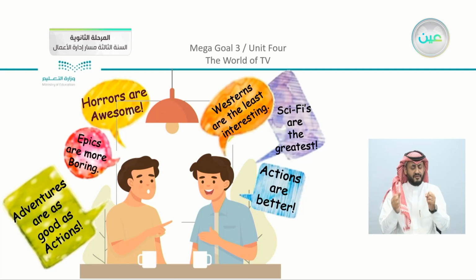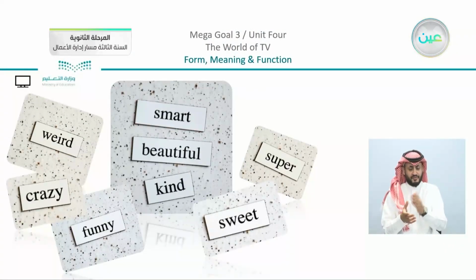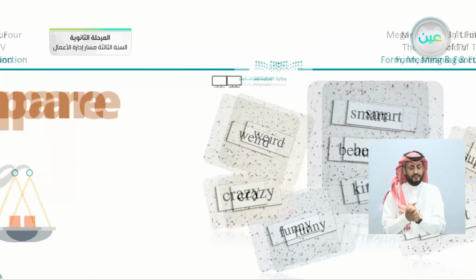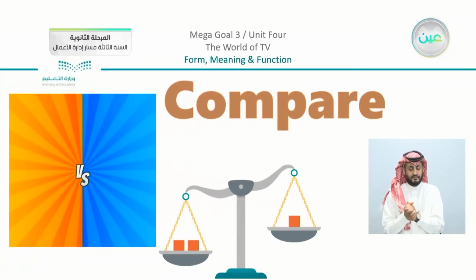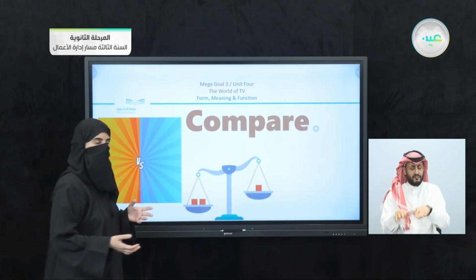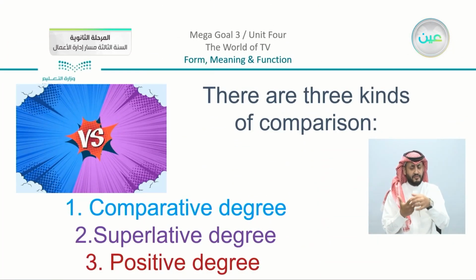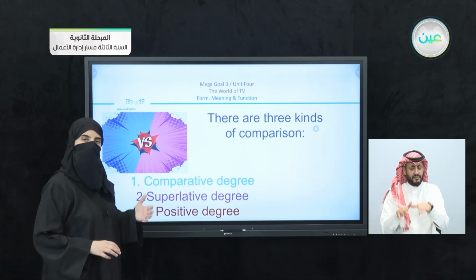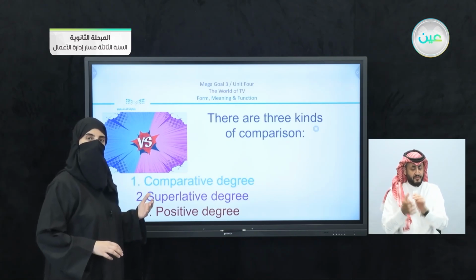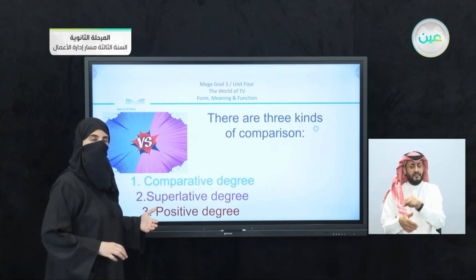If you remember the conversation that we had between the two boys, and we did mention something about adjectives and what is the meaning of adjectives. We had the idea of comparing in our lesson, and we did mention that there are three kinds of comparison. We have the comparative degree, the superlative degree, and also the positive degree.